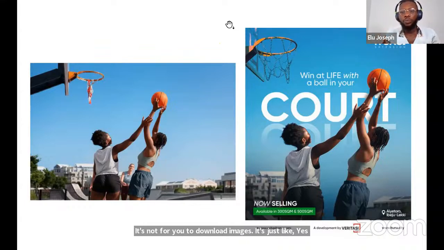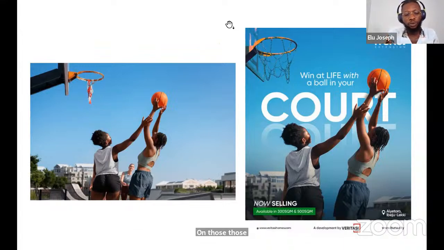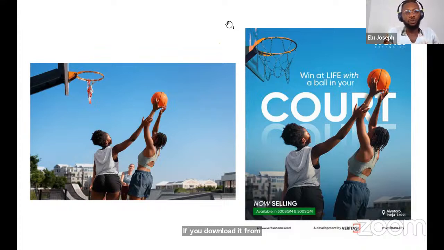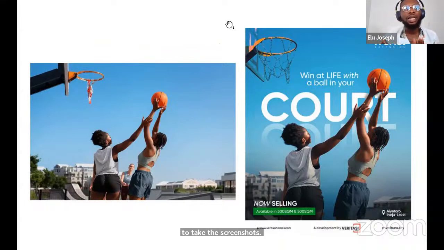Those pictures have been uploaded from one person's phone to the site, which means the quality has been reduced. If you download it from Instagram to your phone, the quality reduces again. In fact, you can't even download it from Instagram. You have to take a screenshot. That reduces the quality. For you to be able to get clean images, go to stock websites.